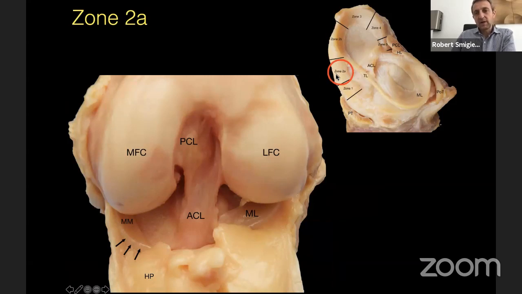side, we propose to differentiate zone 2 into 2 parts: zone 2A and 2B. 2A is from the anterior root to the intrameniscal ligament, which is present in more than 80% of cases.